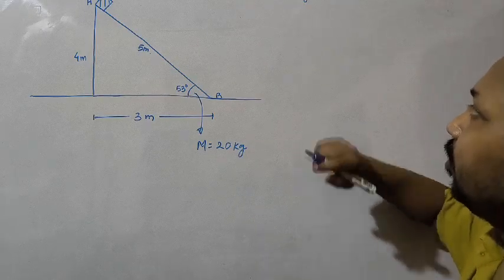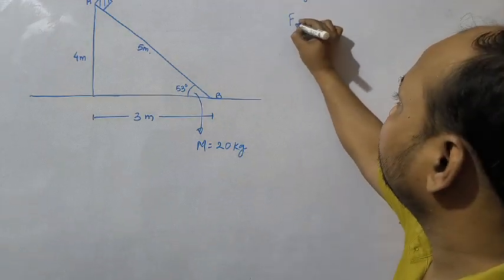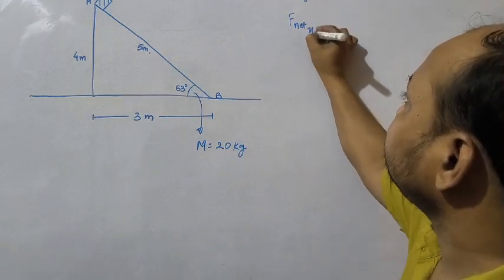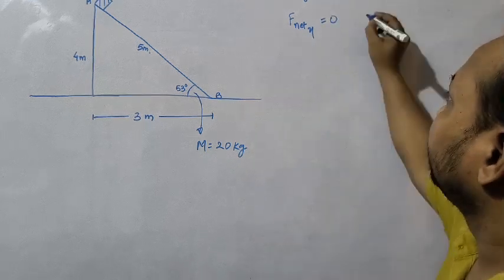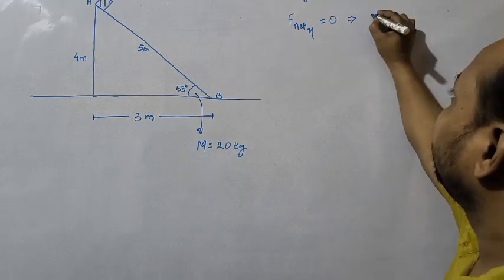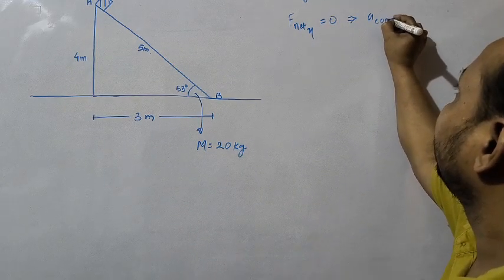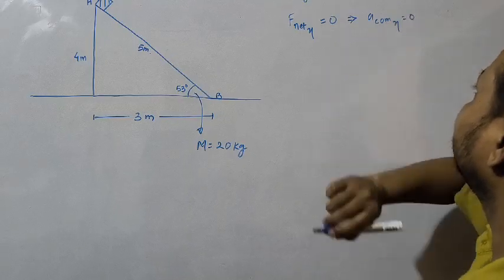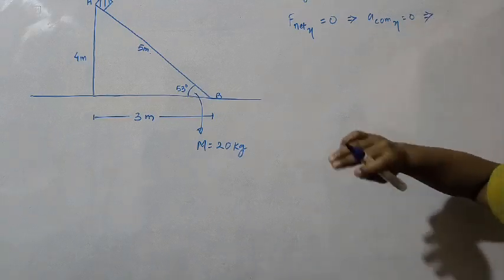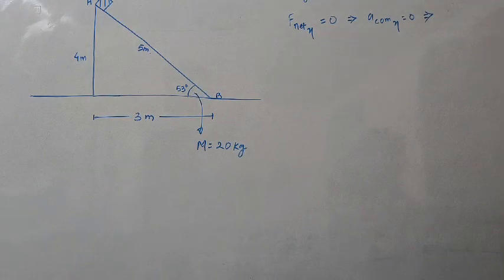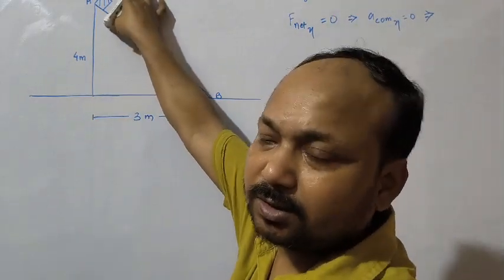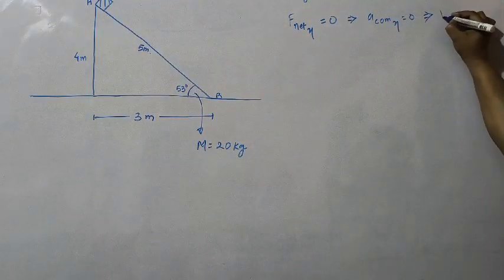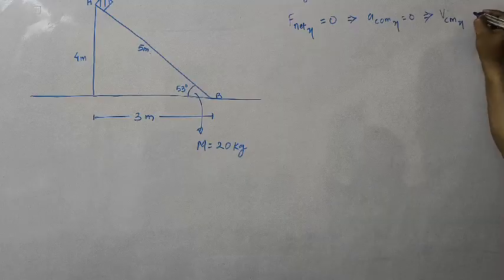Now in x direction net force is 0. Yes. So here ACM in x direction will be 0. The system is released from rest. Here the block has been released from rest. So VCM in x direction will be 0.